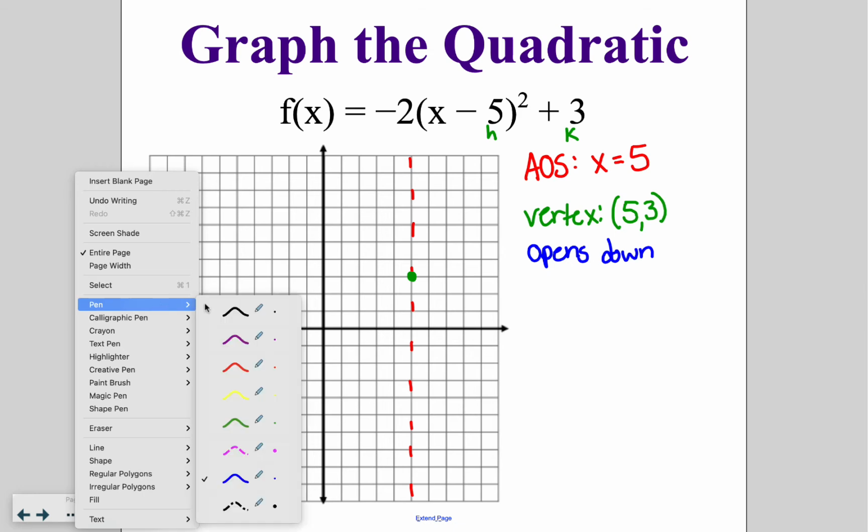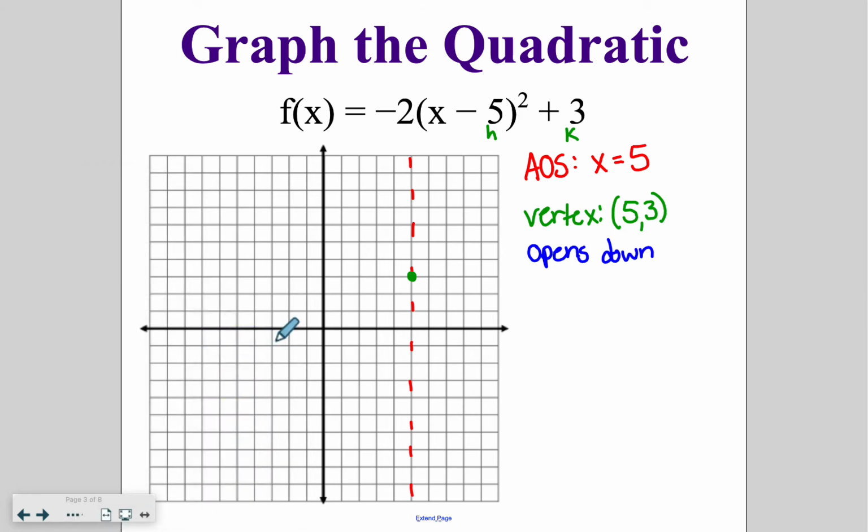Now, in order to figure out the other points on the graph, you either need to pick the left side or the right side. Personally, I prefer the right side. So what that means is you're going to go to the number that is to the right of your vertex. In this case, to the right of your vertex is 6.